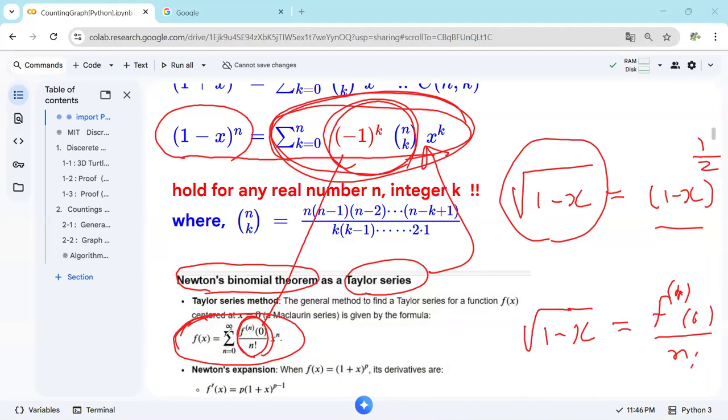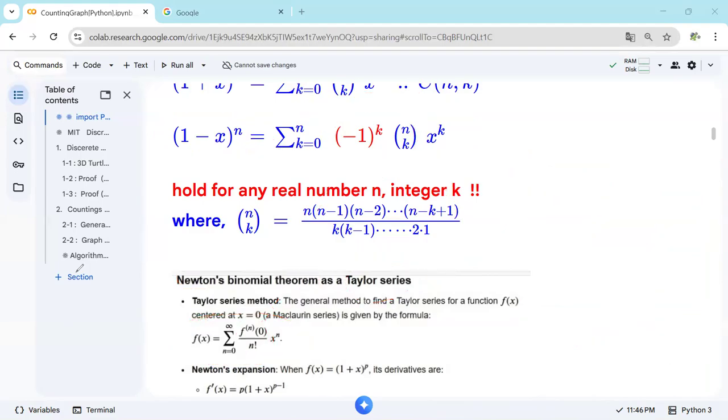So they are the same. Taylor just summarized this one, okay. So that is the reason why the generalized binomial theorem is in fact a kind of Taylor series.